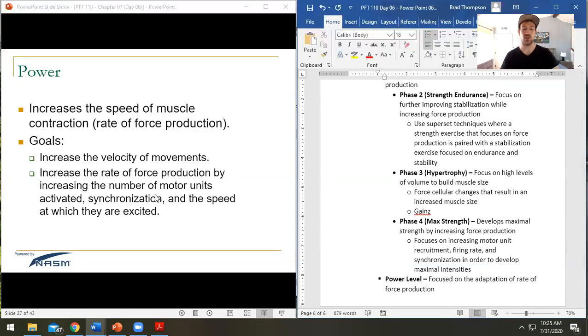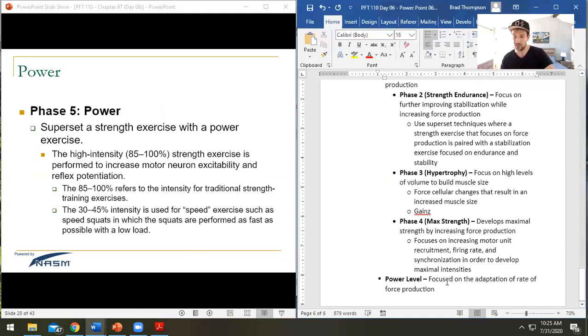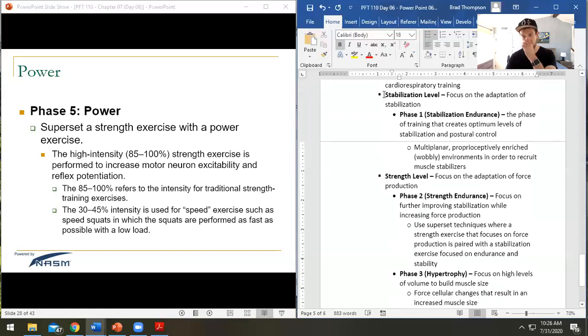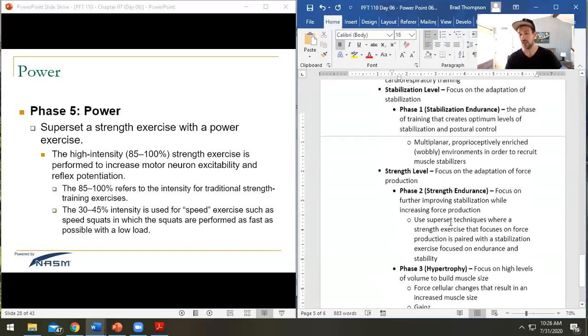So the idea here is that we are going to increase the velocity of our movements by further increasing motor unit activation, synchronization, and firing rate. So the power level is going to consist of phase 5, power, right? The power level only has one phase, similar to the stabilization level.